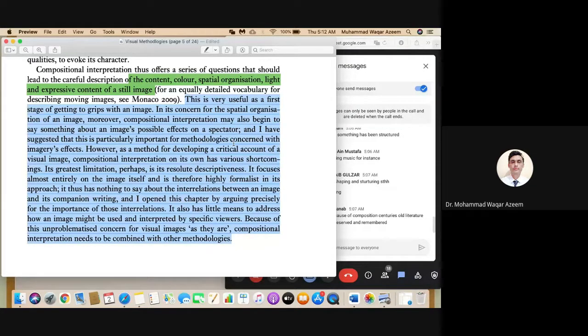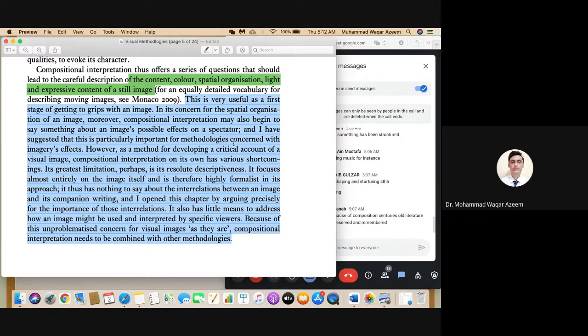However, as a method for developing a critical account of a visual image, compositional interpretation on its own has various shortcomings. One of the limitations is its resolute descriptiveness. It focuses almost entirely on the image itself and is therefore highly formalist in its approach.